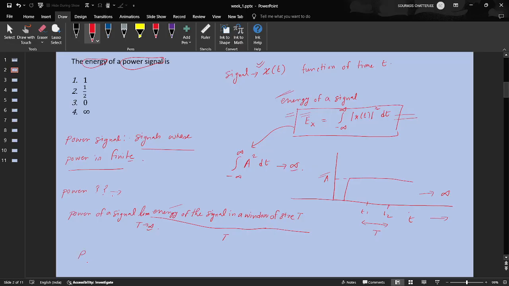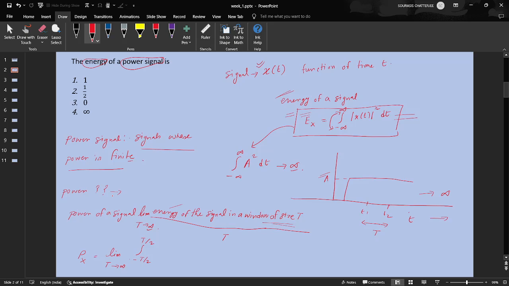So power is given as follows: limit t tends to infinity, integral over minus t by 2 to t by 2. Remember, when we compute the energy, we compute over the whole range, minus infinity to infinity. But in the definition of power of a signal, we are considering the energy of a signal in a window of size t.